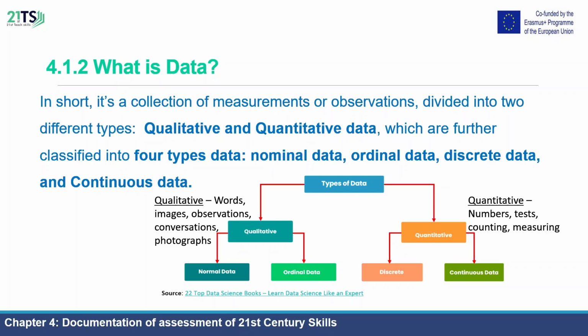In these types of data, you learn about qualitative and quantitative. Qualitative refers to words, images, observations, conversations, or even a photograph, and these words or terms are classified into nominal data or ordinal data.